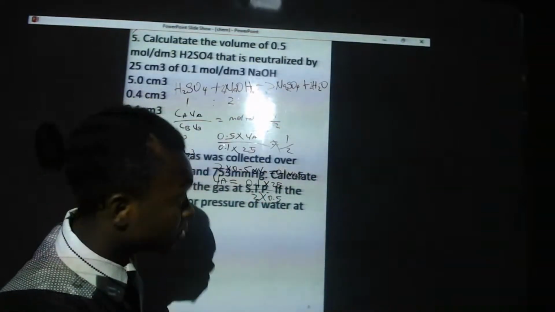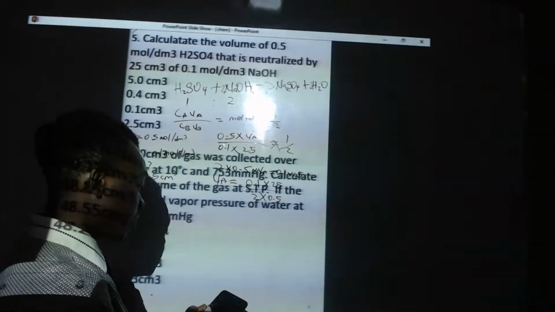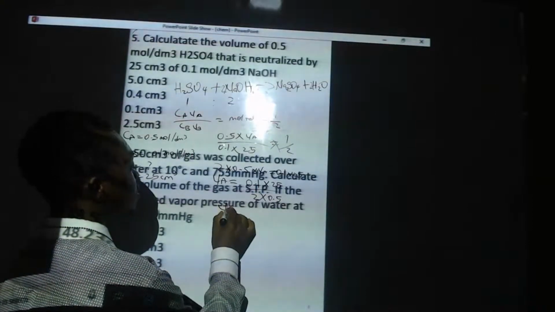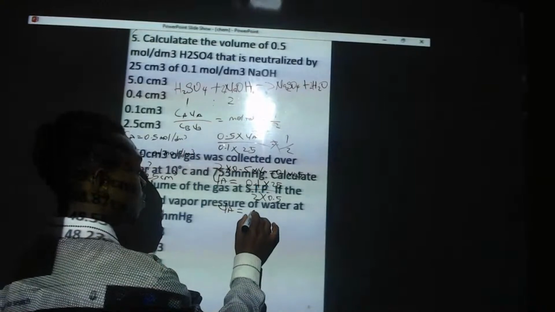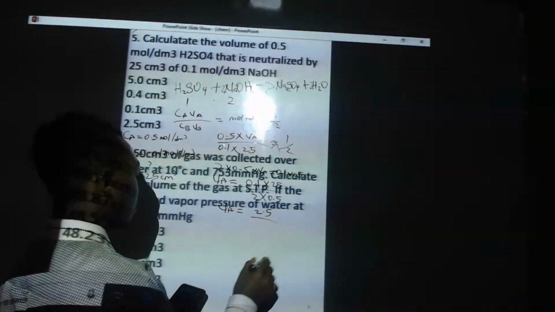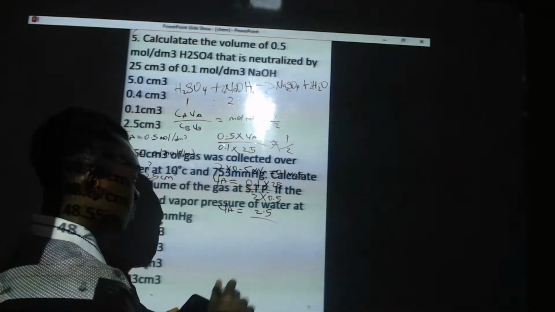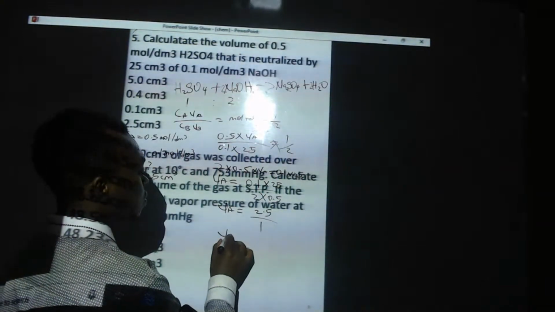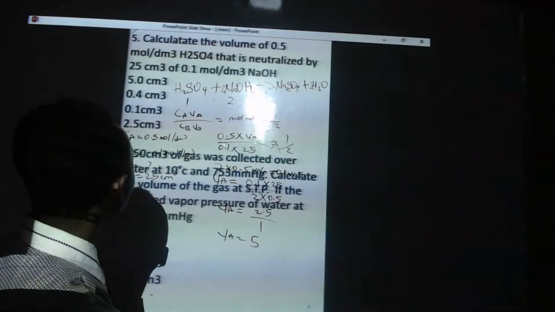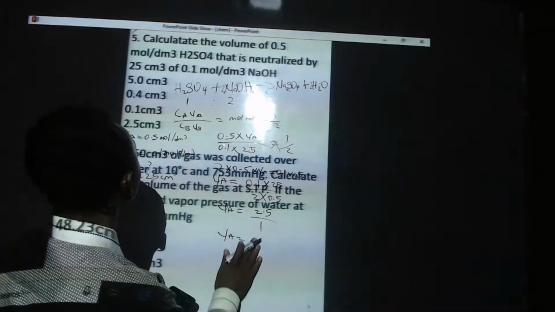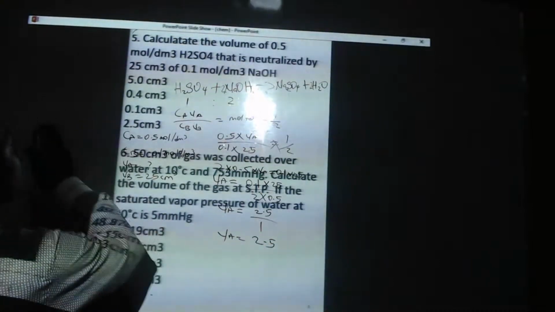So 0.1 times 25 is 2.5, and it's going to be giving you 2 times 0.5 over 1. So this implies that Va is 2.5 divided by 1, which is 2.5.